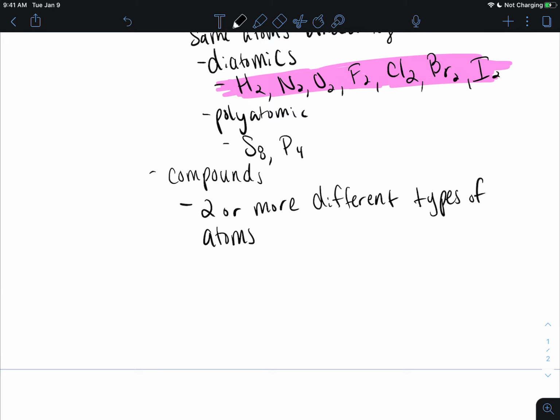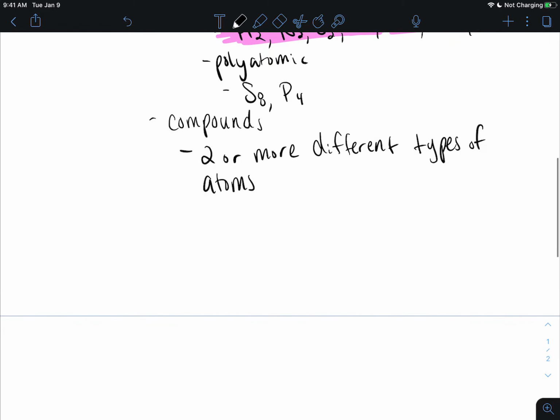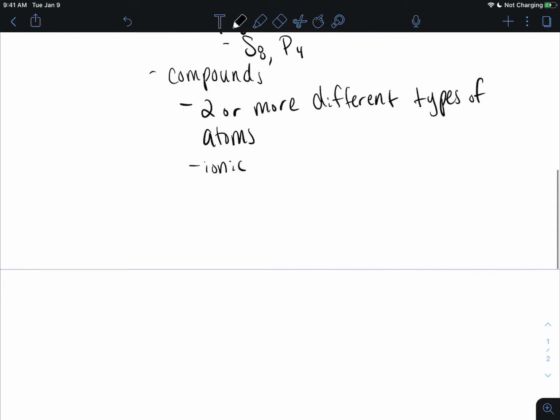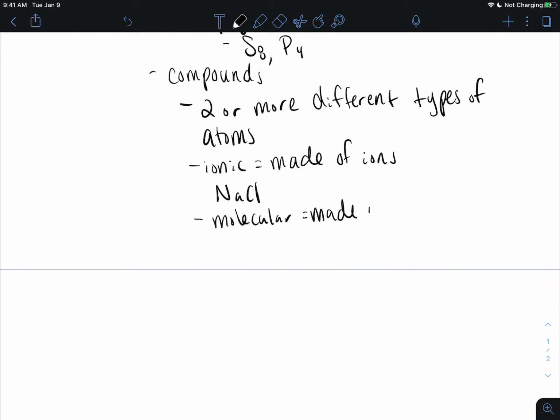And here again, we can have compounds that are ionic in nature, or they can be molecular in nature. So if it's ionic, it's made of ions, such as sodium chloride, salt. Molecular, made of non-metal atoms.